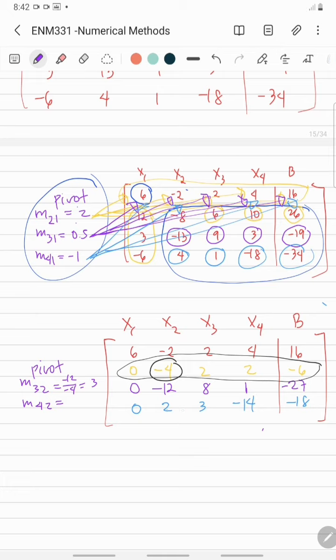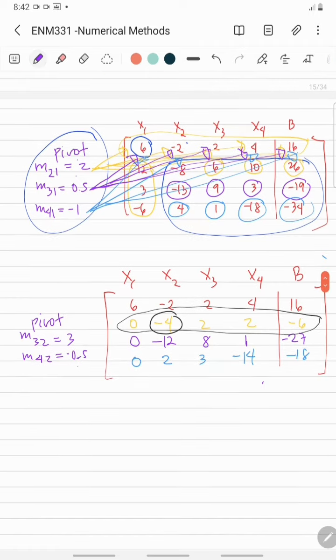And we have here 2 divided by negative 4, that is equal to negative 1/2. So I have to erase this one. Okay, this is 3 and this is negative 0.5.